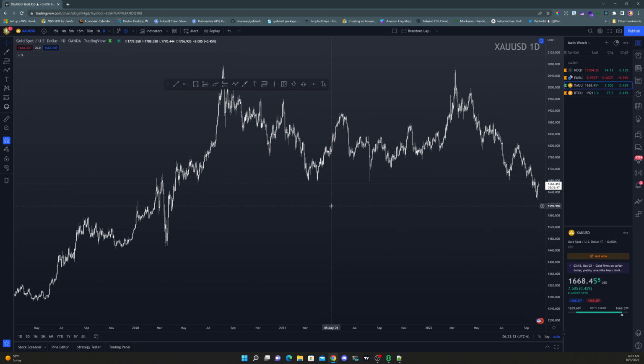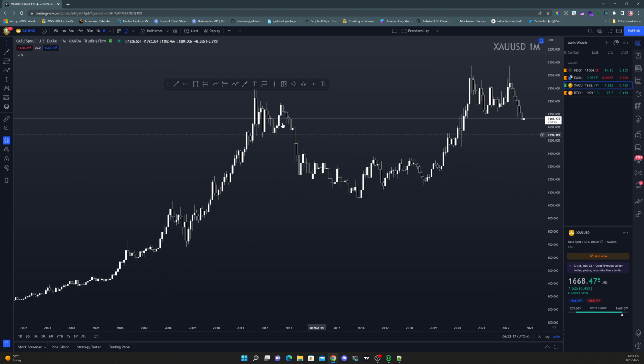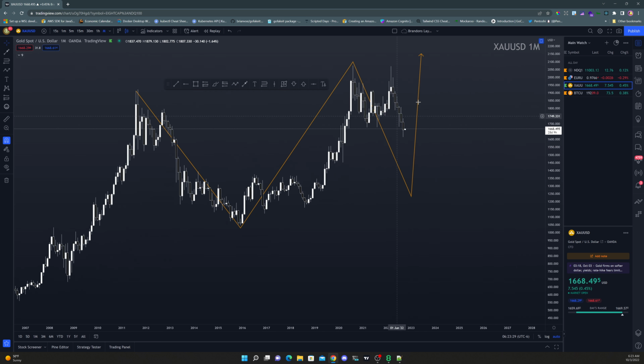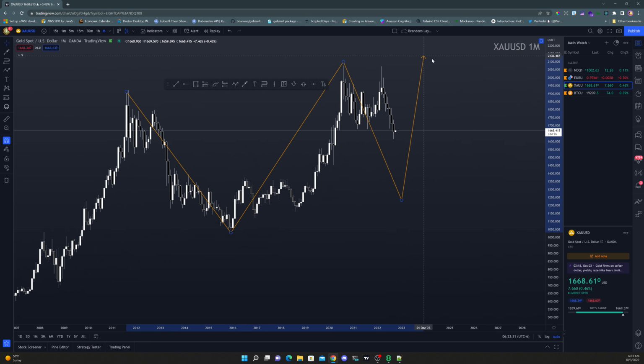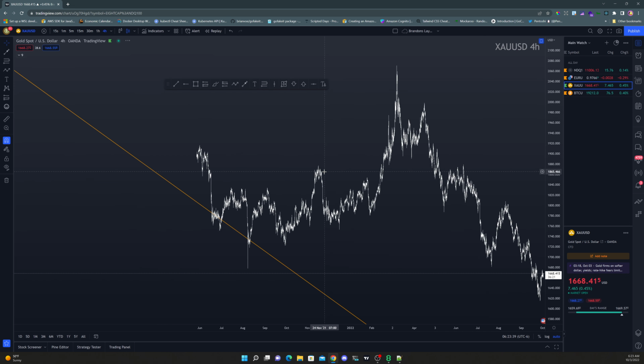Because if we're looking at the monthly, right, let's put this in here so we can see. We got a higher high, and let's say we do something like that, and let's just leave that there so we know how deep we could potentially expect it to go, and let's see what it looks like on these different time frames.